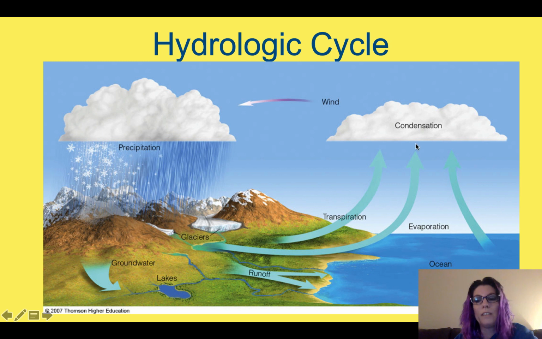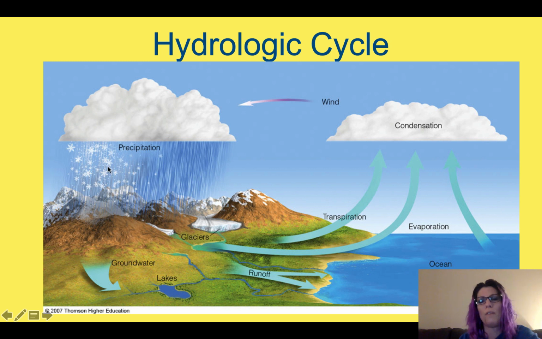At some point, that water vapor will condense into water droplets, and that will form a cloud. Now, this cloud might be transported over land, or still over water. It's going to move from where it's from to somewhere else due to the winds. And then it's going to precipitate the water, whatever form it may be in, out of the cloud, and then this whole process starts again.